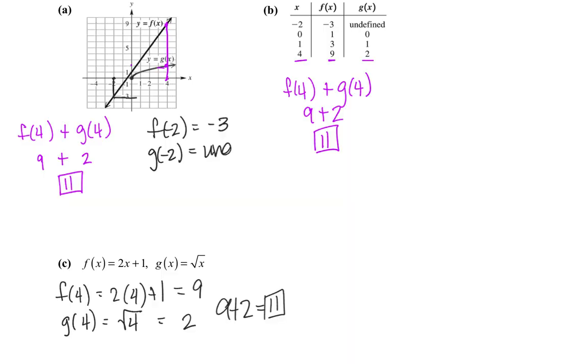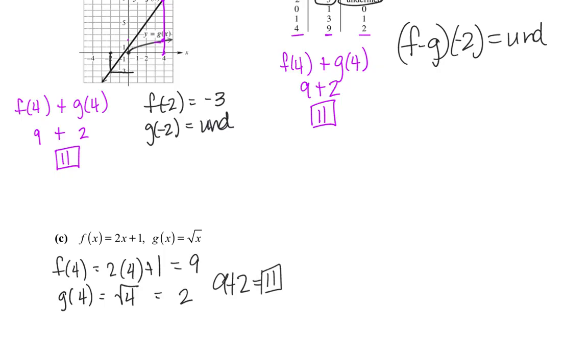It's undefined. So therefore, there's nothing to do here. So the answer would just be undefined. f of negative 2 is negative 3. g of negative 2 is undefined. So f minus g of negative 2 is undefined.